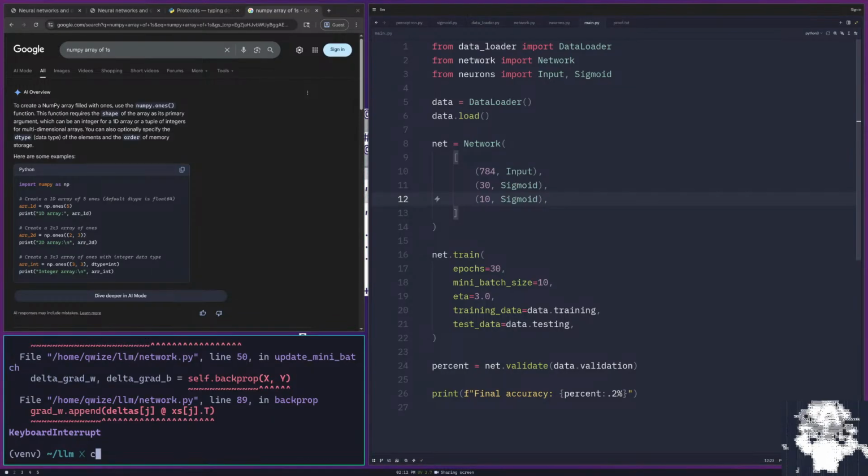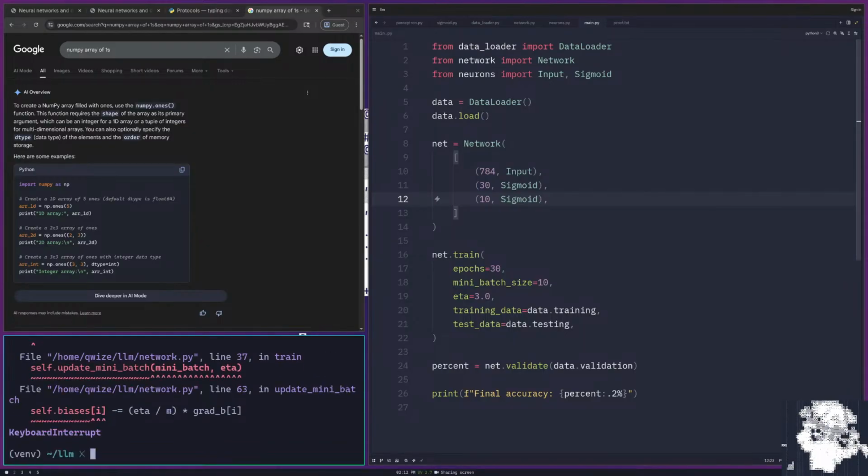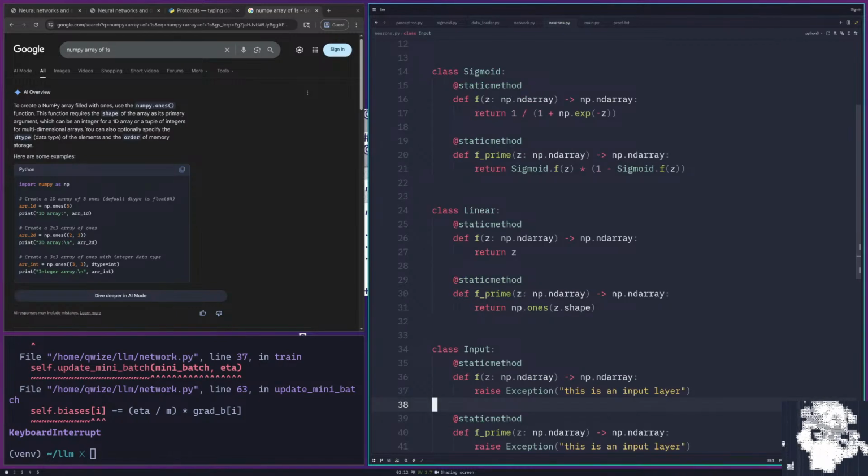Then would it go back to working? Yes, so there's a problem with my linear neurons. So I'm pretty sure this is right, and I'm guessing there's a problem with this.